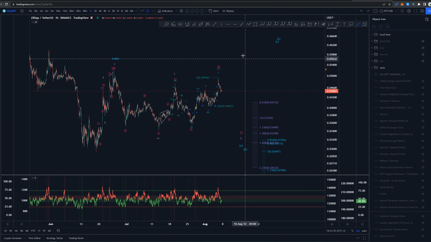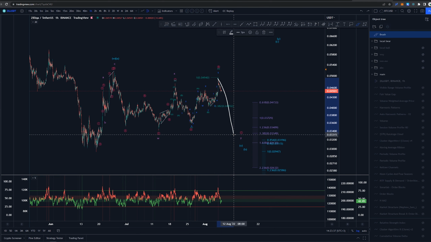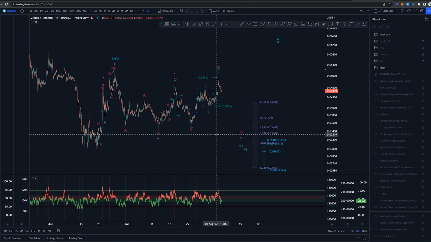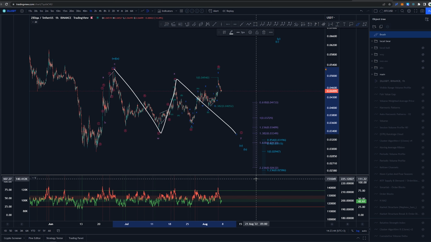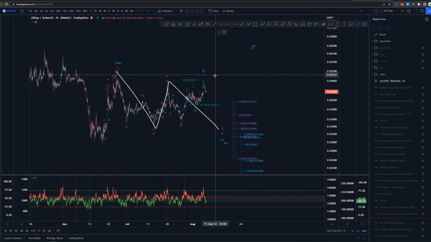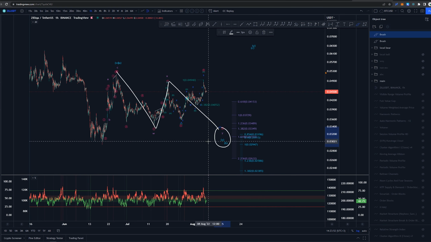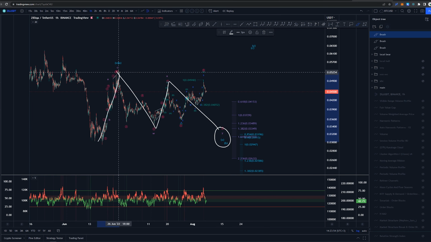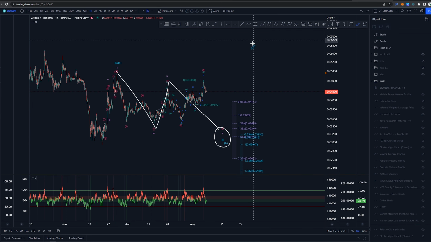Again, it looks very good as is, and here we would be expecting an impulse wave downwards into wave C. That would create us this 3-way structure. That would be the best look for me at the moment overall, and then depending on how low we get here, this is going to be an A or W and then B or X.